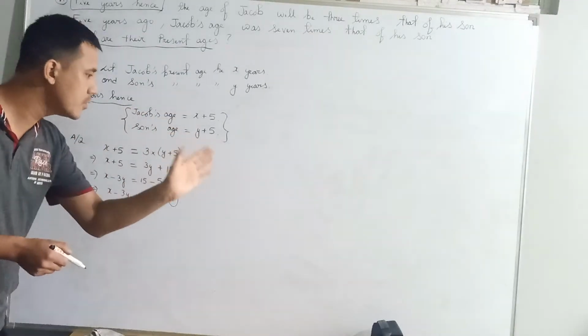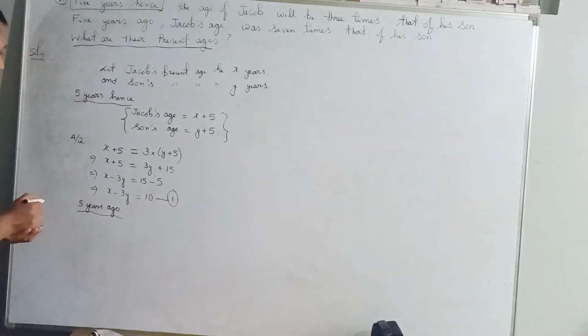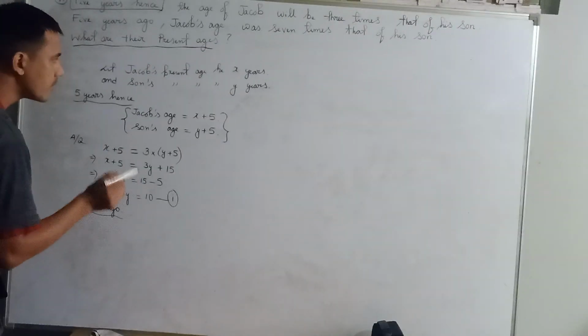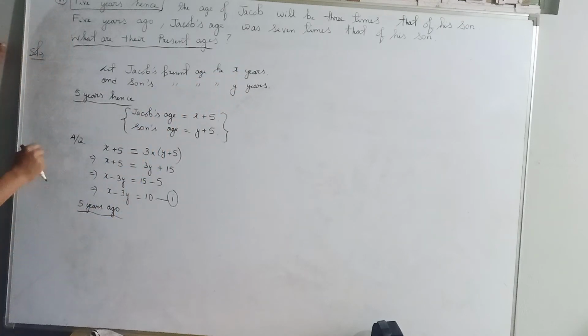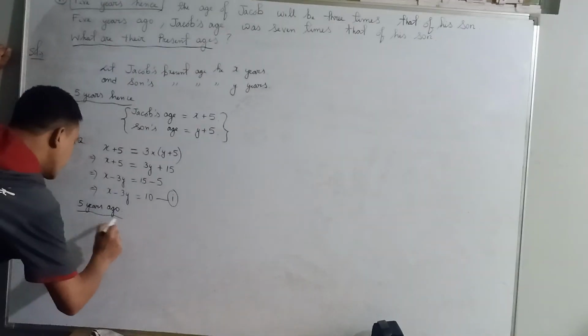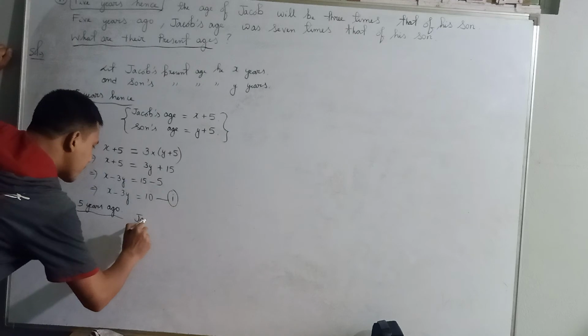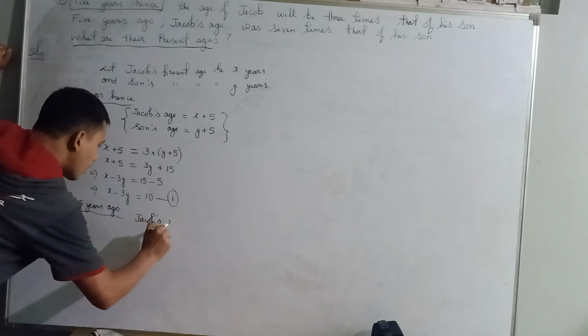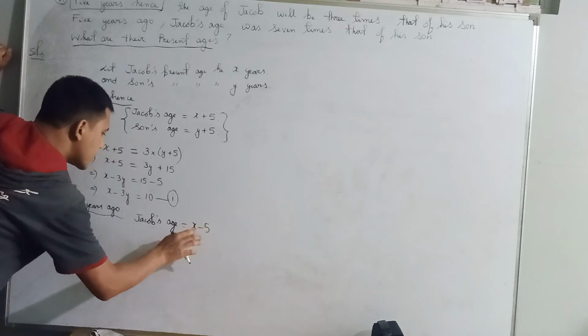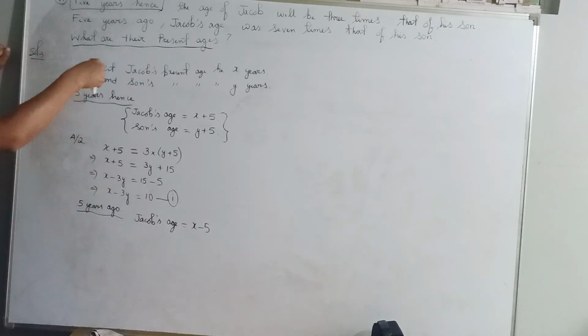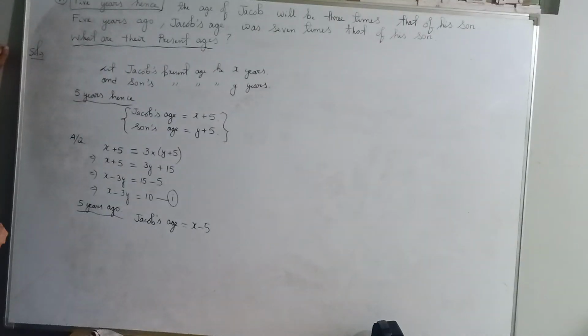His age will be reduced by 5, right? So 5 years ago, Jacob's age was X minus 5. From his present age, we subtract 5.